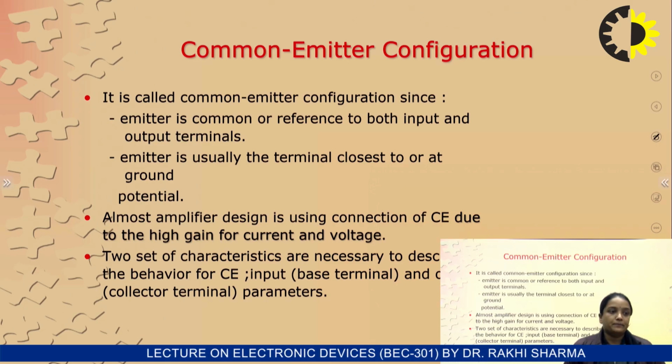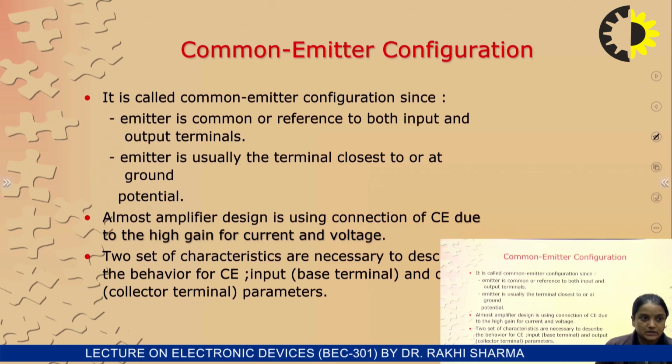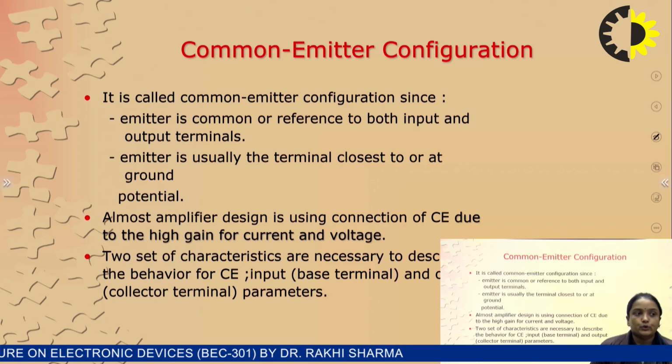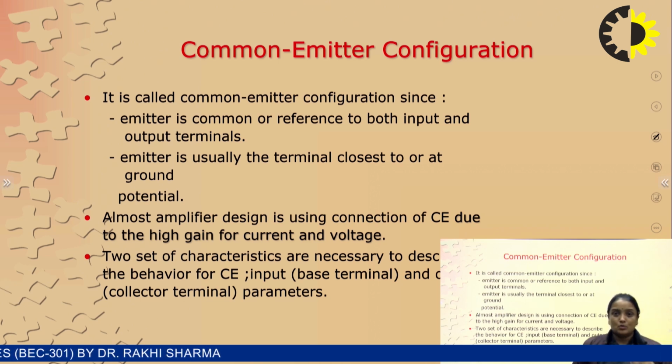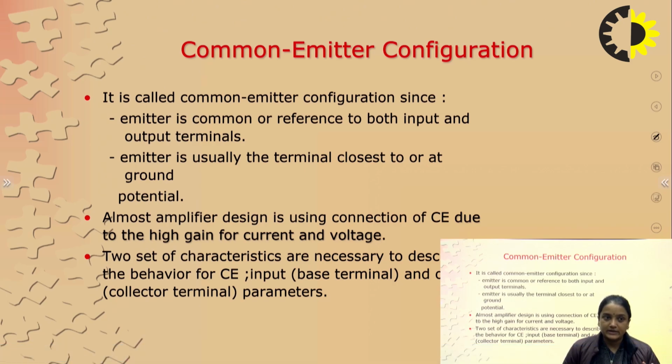Almost all amplifiers are designed using this configuration due to the high gain: current gain, voltage gain, and finally power gain. So this is the most widely used configuration in major applications because it offers high current gain, voltage gain, and power gain.